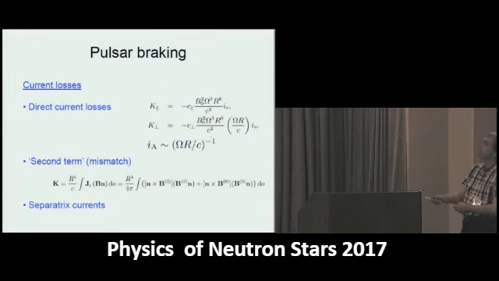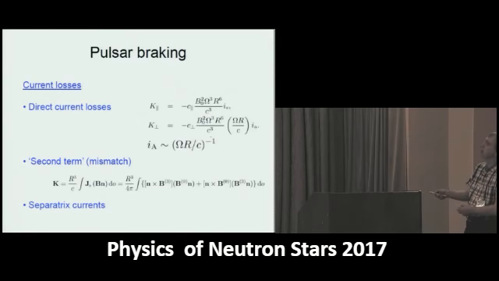The first one is the direct current losses, but as I demonstrated, for the orthogonal rotator we have some extra very small values, and it's possible to explain it, as we saw in the last 2 years only, by extremely high current, with a factor of 1,000 to 10,000 larger than the Goldreich-Julian one for the orthogonal rotator.